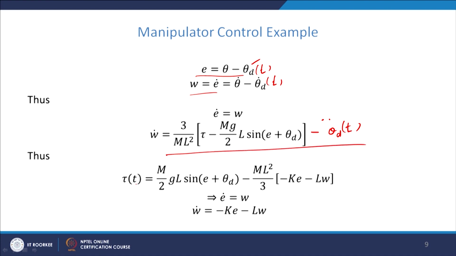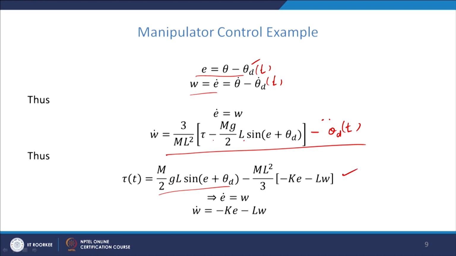Then we can select this tau to be given by this equation. So, tau, if you take the first term, this will cancel the term m g by 2 L sin theta of this thing. So, this term is getting cancelled with this term, and then we can write m L square by 3 into minus Ke minus Lw.